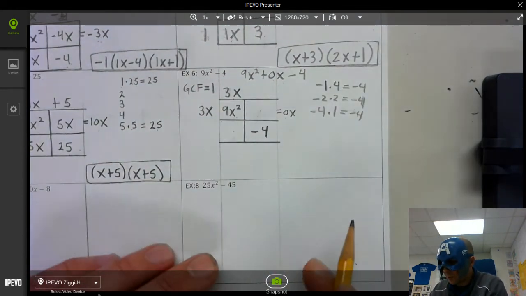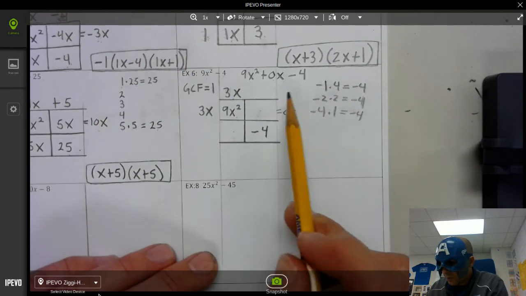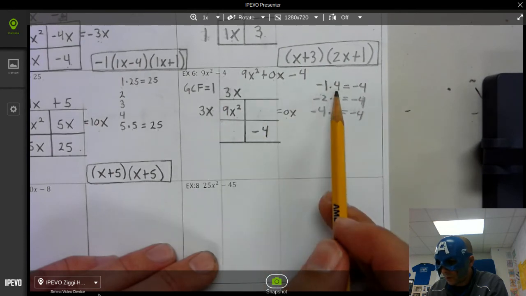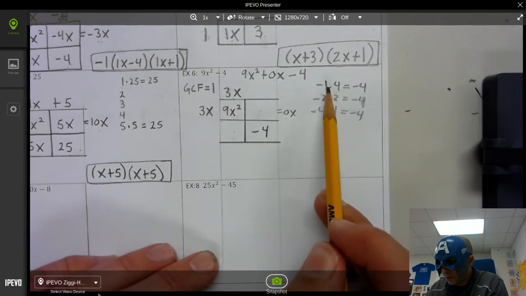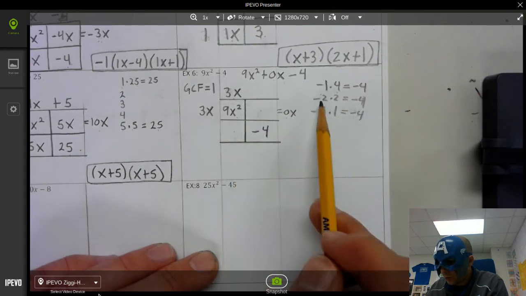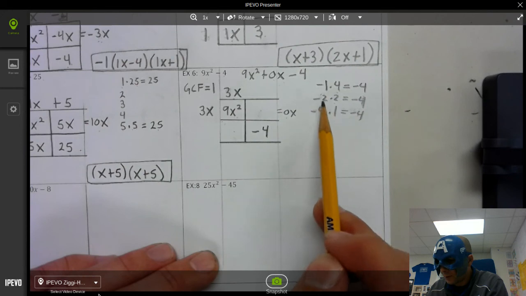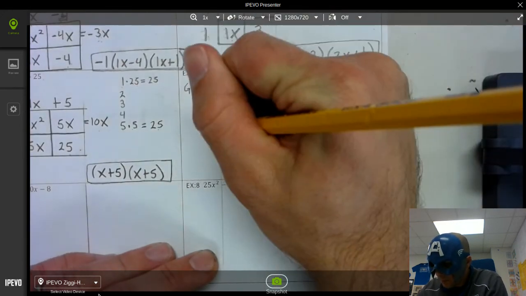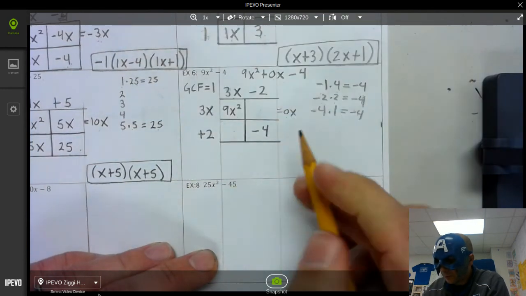All right, so let's try a combination. We need these to cancel. So 3 times negative 3 and 3 times 4, so that'd be 12 minus 4. That's not going to cancel. 3 times negative 3 is negative 6. 3 times 3 is 6. Negative 6 plus 6 becomes 0. So let's try minus 2 and plus 2.